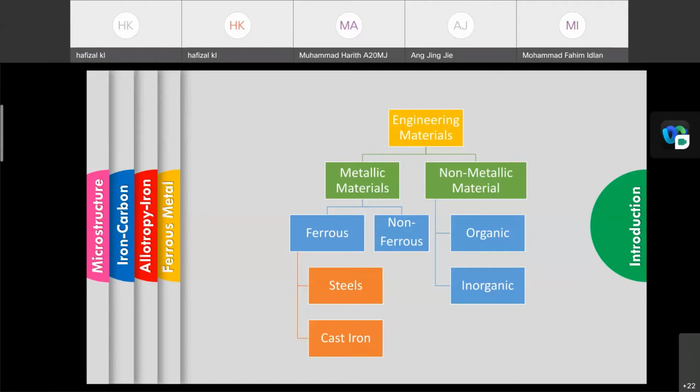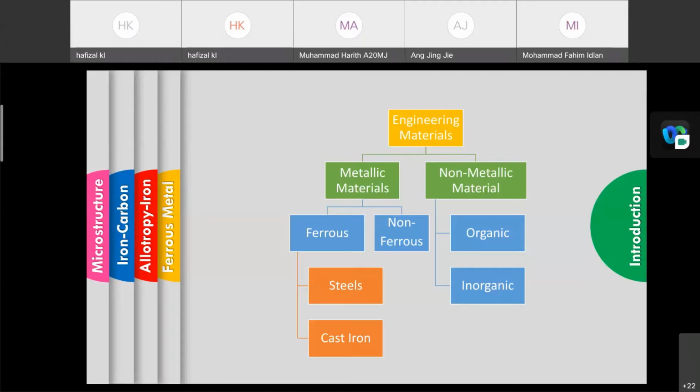Then there is non-ferrous. Non-ferrous means a non-iron base. We have magnesium, aluminium, copper and so on. When they add a foreign material, they have slightly different properties, like aluminium alloy, magnesium alloy, and copper alloy.